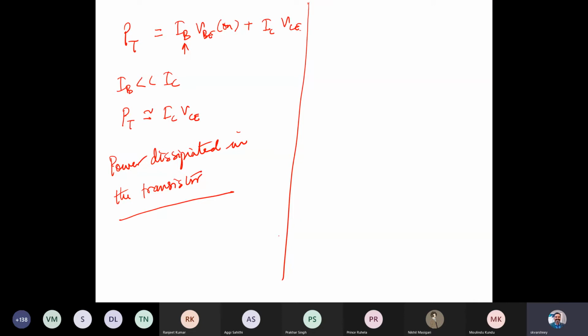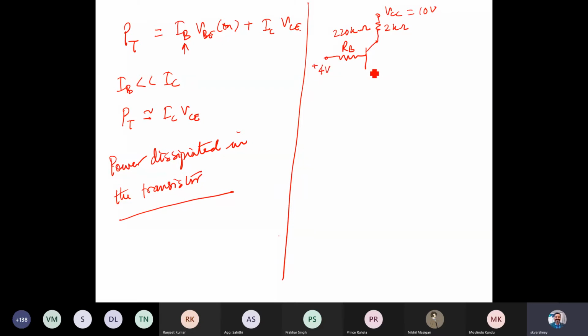Let's make a small change and we can continue, then I will come back after the break. I had not given any resistor at the emitter terminal. Let's connect a resistor to the emitter terminal now. This is VCC, let's consider 10 volt, and 2 kilo ohm RC, RB which is 220 kilo ohm, connected to, let's say, 4 volt.